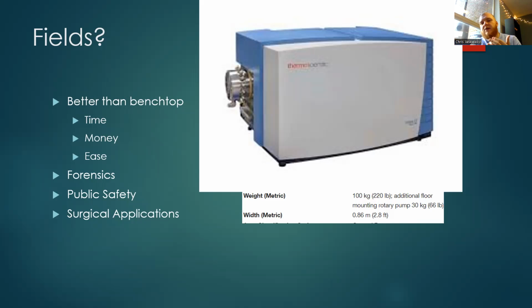So imagine you're able to take a forensic analysis, the forensic scientist in the field who is able to now give you quantitative, direct measurement of the substance at the scene during the investigation. We can also talk about public safety.